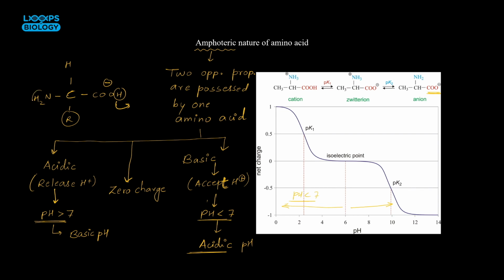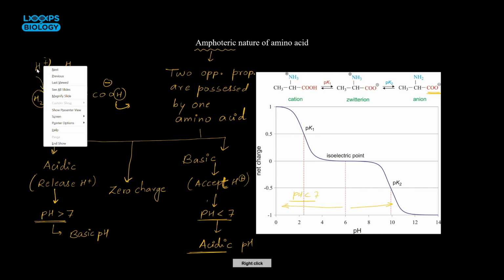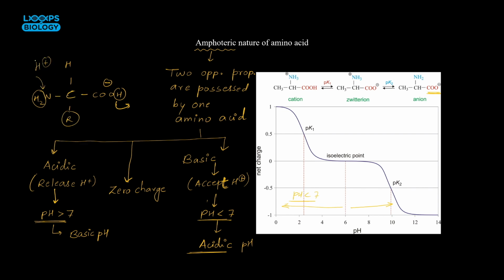So in this case, this NH2 is accepting one H+ more, so that your positive charge is going to be gained. So whenever amino acid acts as basic in nature, it gains positive charge, and whenever amino acid acts as acidic in nature, it will gain negative charge. So in this case, the charge is negative, and here the charge is positive.